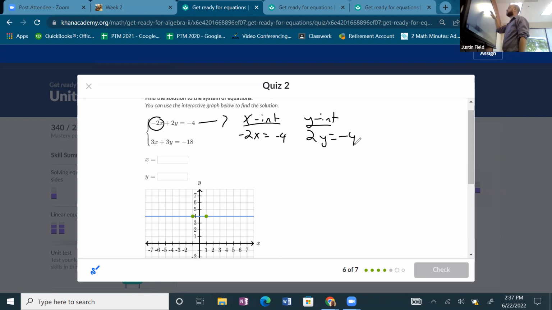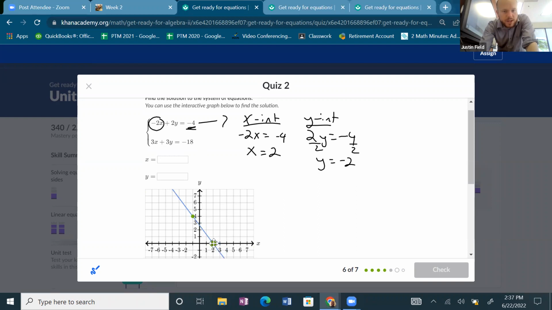So I take the x term and set it equal to the number, and that would be 2. Take the y term and set it equal to the number, and that would be -2. Now I can graph one of the lines by putting a point at 2 on the x and a point at -2 on the y.